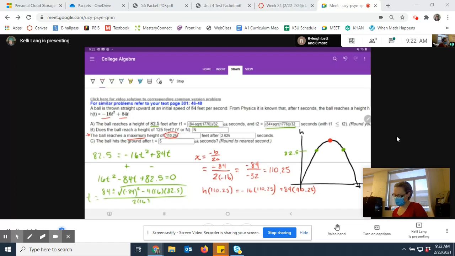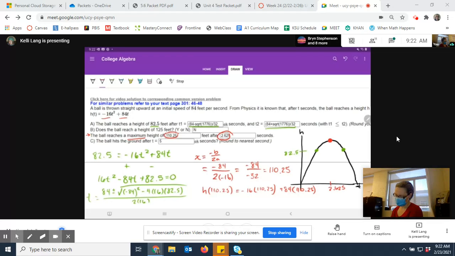And use your calculator. This apparently happens at the point 2.625. Did you get something different? I got that the first time. Like when I did negative 84 divided by negative 32, I got 2.625.